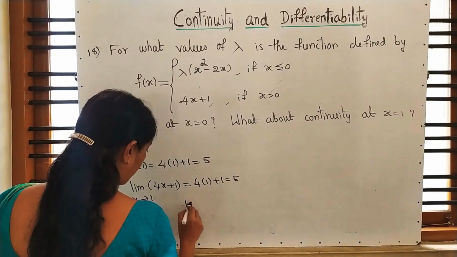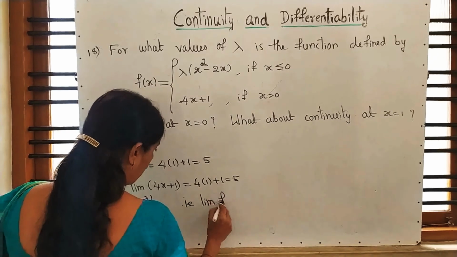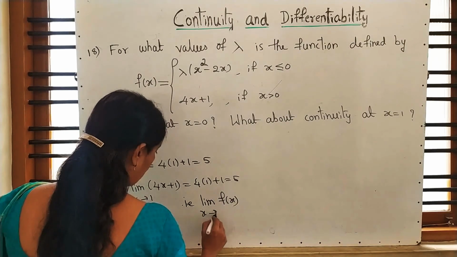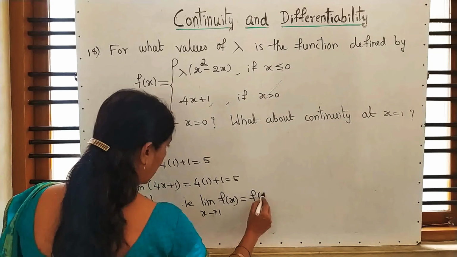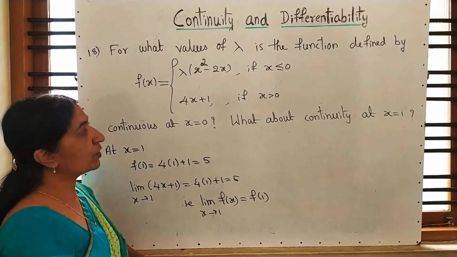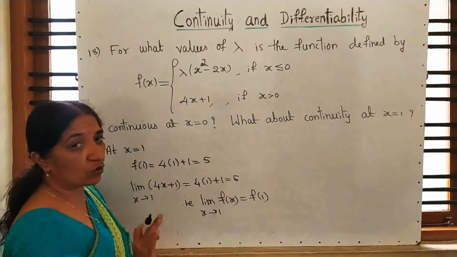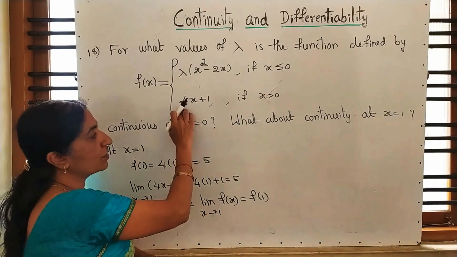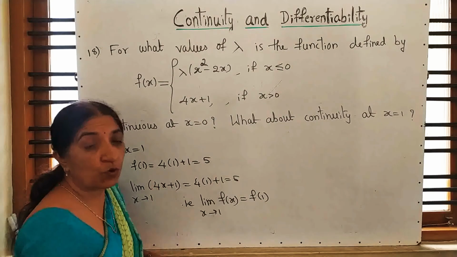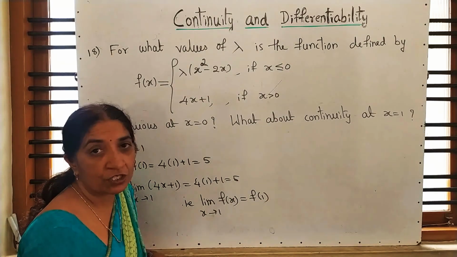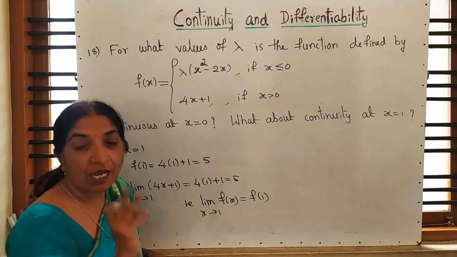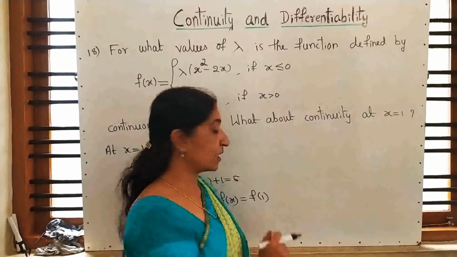That is limit f of x as x tends to 1 and f of 1 they are equal. Or you can say that x is greater than 0 means you can take x is equal to 1. At that time the function is 4x plus 1. 4x plus 1 is which type of function? It is a polynomial function and every polynomial function is continuous.